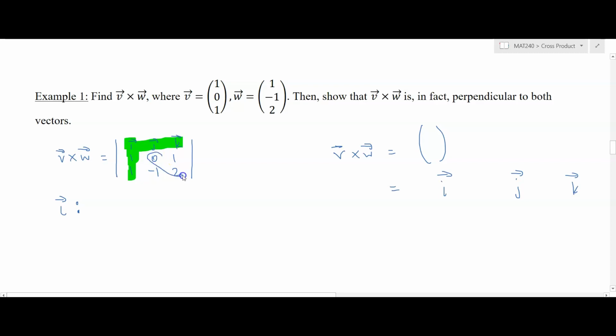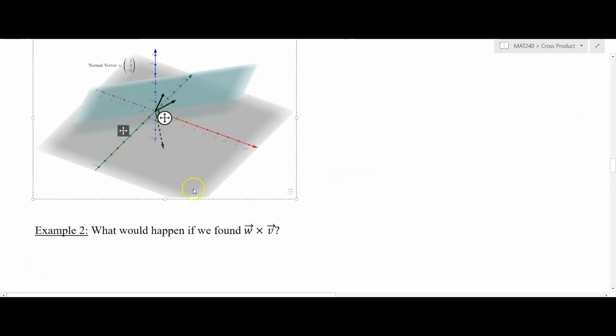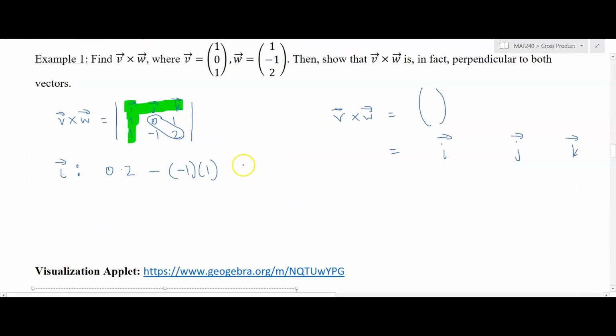It's going to be 0 times 2 minus negative 1 times 1. So that comes out to positive 1, and that means our I component is 1.